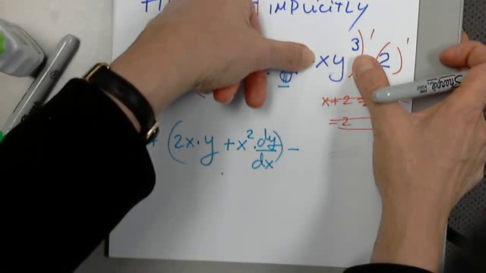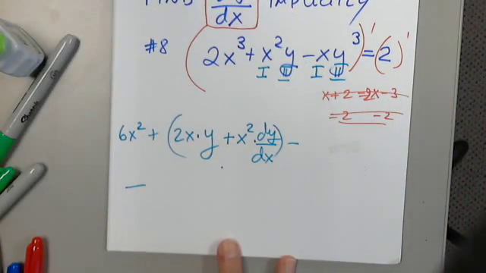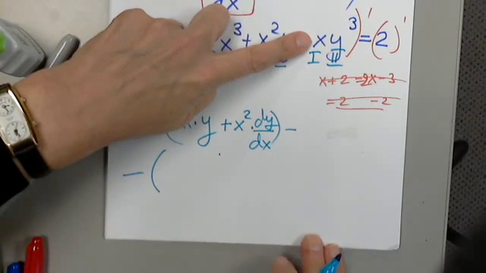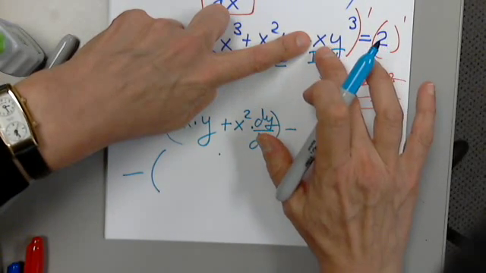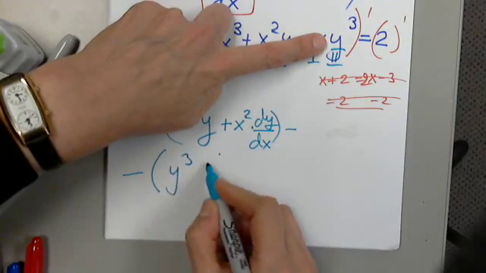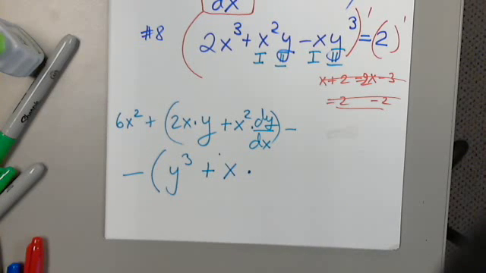Another product. Put parentheses because I don't want to have to worry about that negative sign just yet. So, the first function prime, 1 times the second one, plus the first function times, now I have to be very careful, I am differentiating the function to the third power.